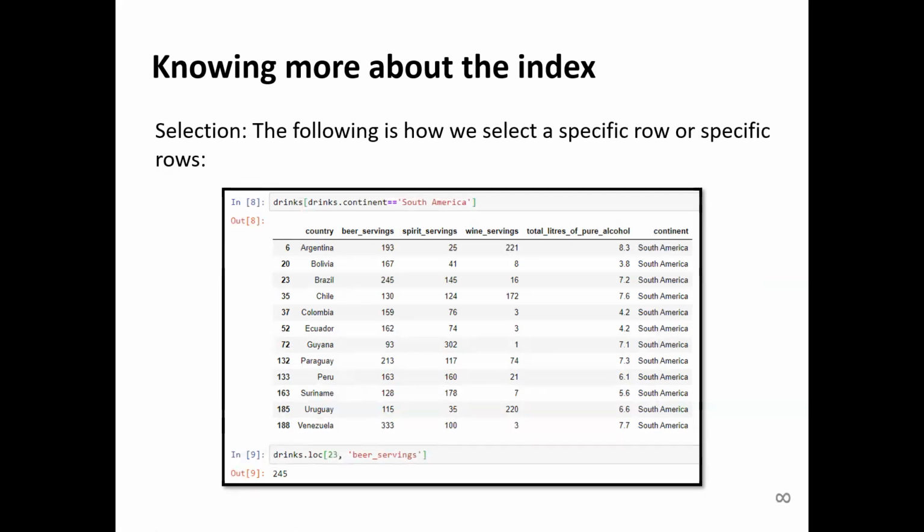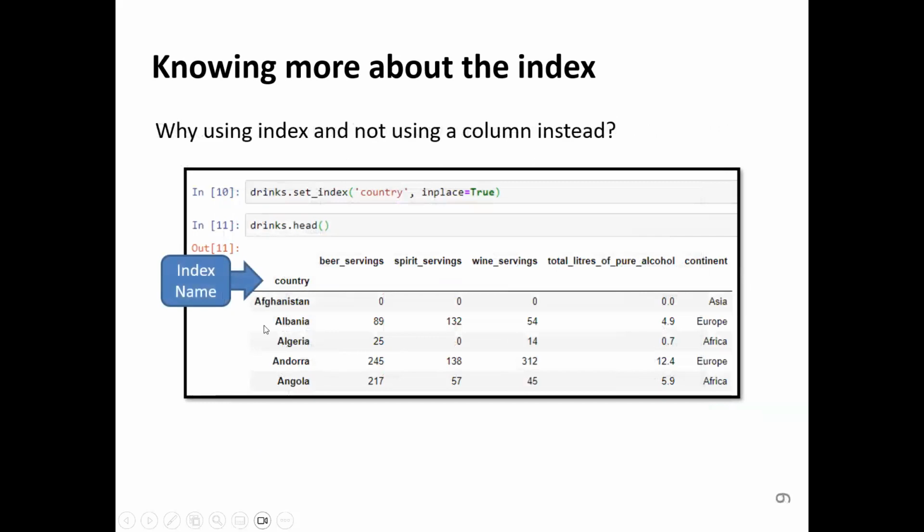That's the question. For doing that, we simply go to the drinks data set and set the new index to country, with inplace equal to True. So instantly we change the indices from 0, 1, 2 to countries.